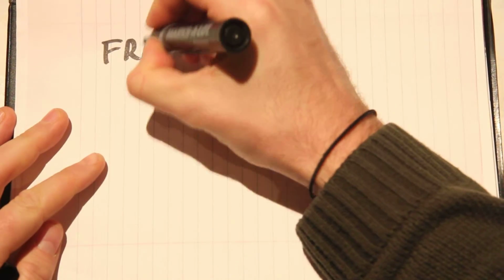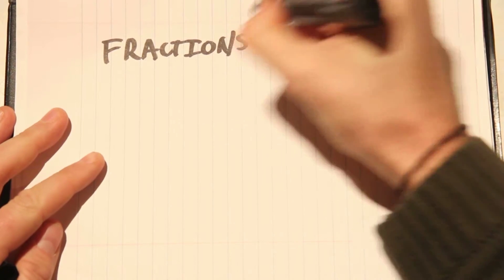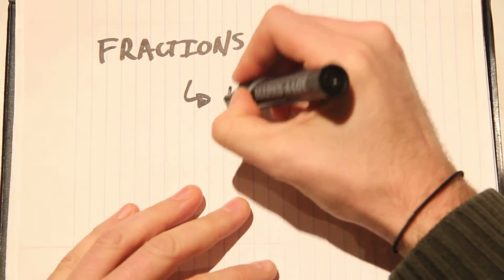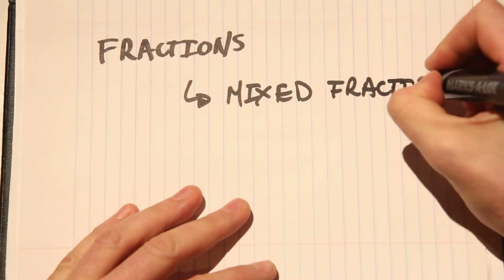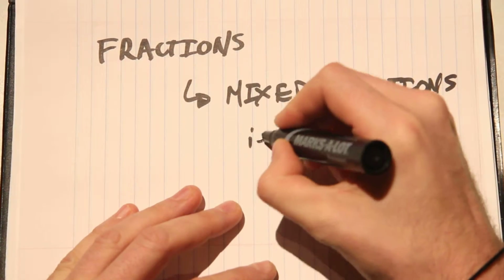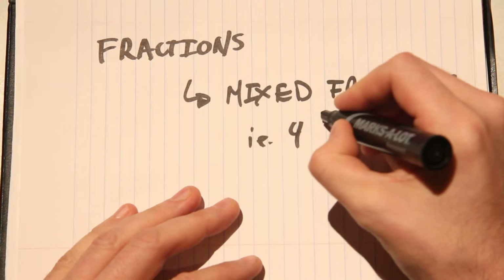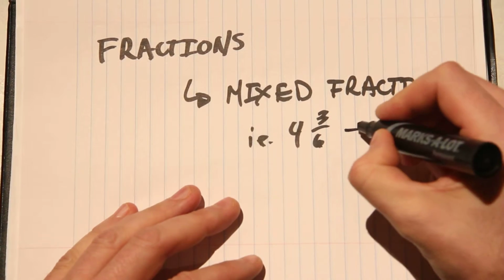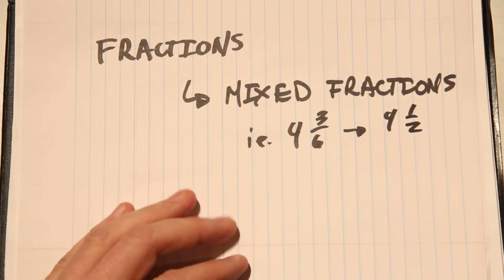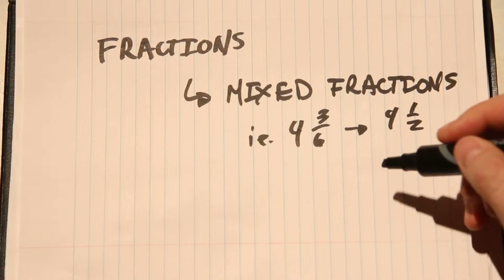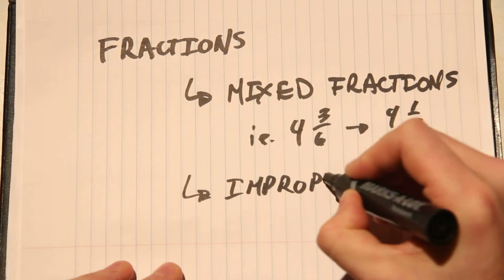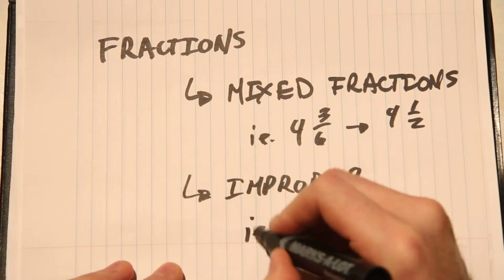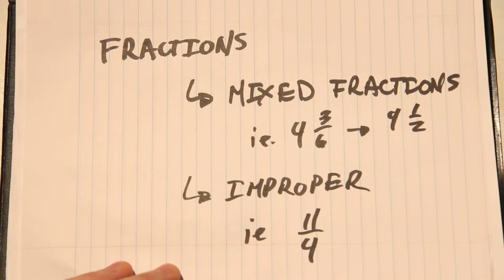So my name is Jeff, and today we're going to learn about fractions. And specifically, how to convert mixed fractions, i.e. fractions like this, 4 and let's say 3/6, which can be reduced to 4 1/2, don't forget that, and converting mixed fractions into improper fractions, which look like this, i.e., 11/4, okay?